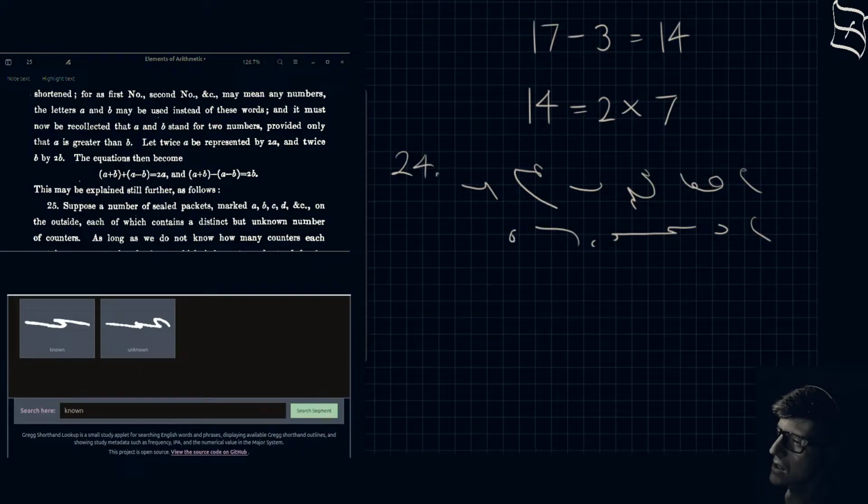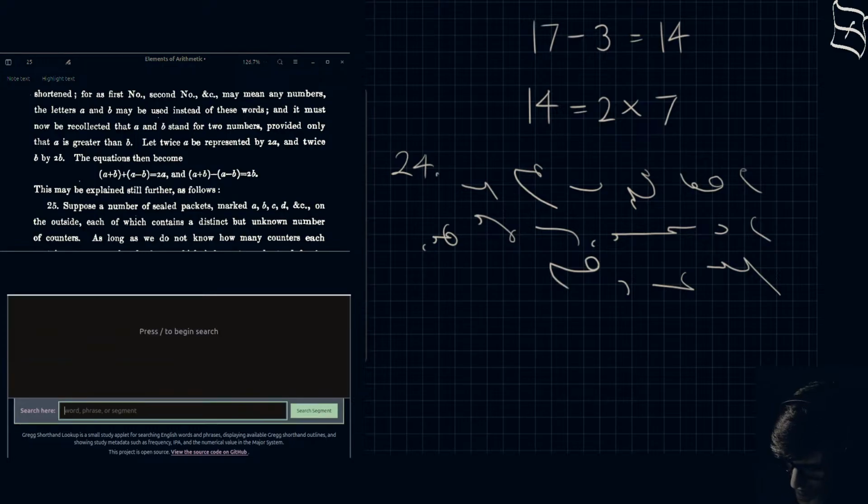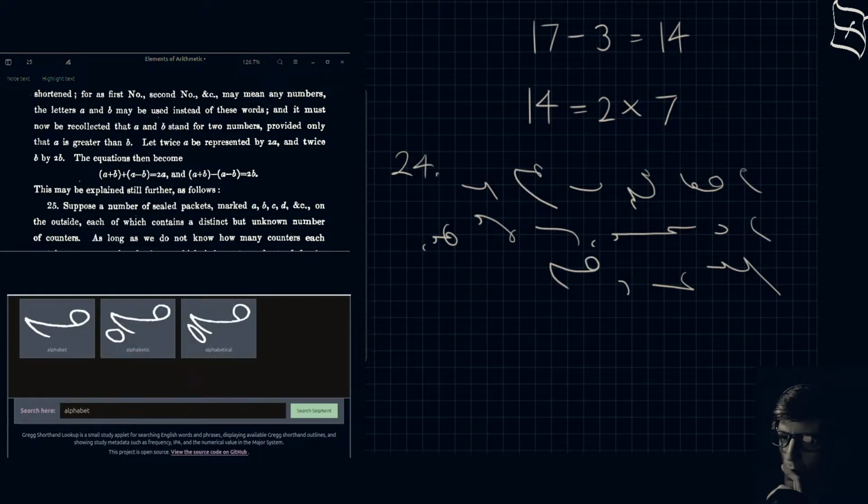certain signs drawn from the alphabet. Alpha, I think isn't it just ALF? Drawn from the alphabet. Let's go ahead and take a look. Drawn from the alphabet, yep.